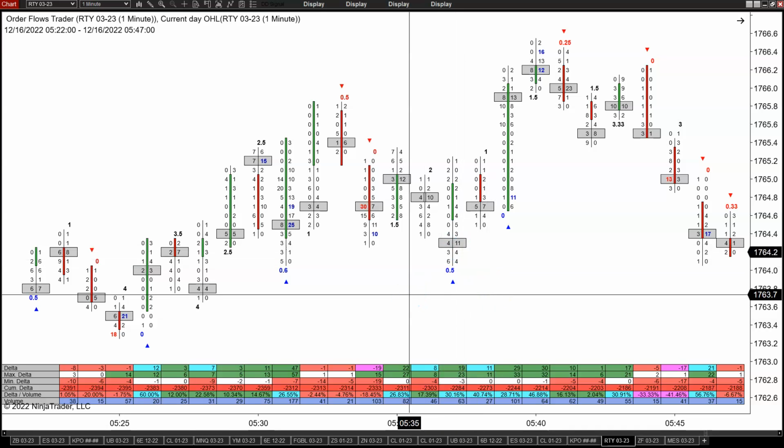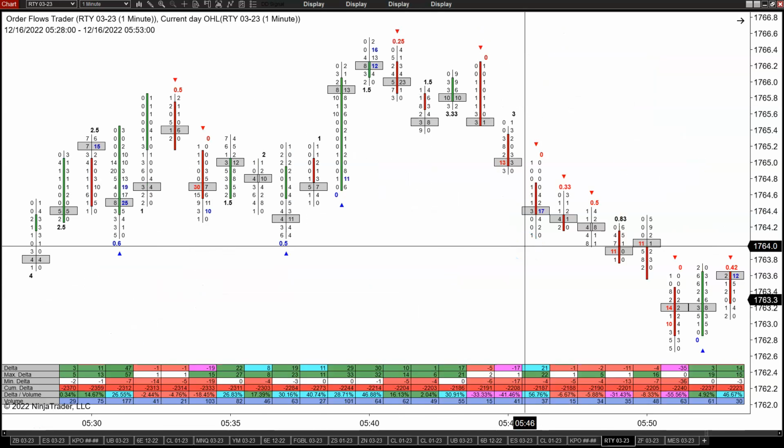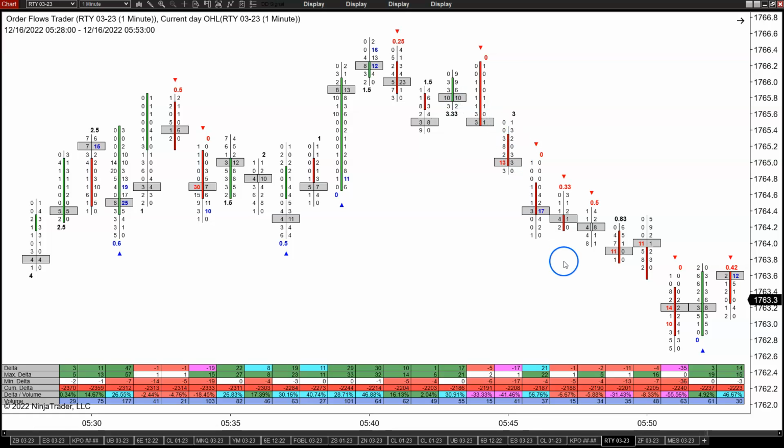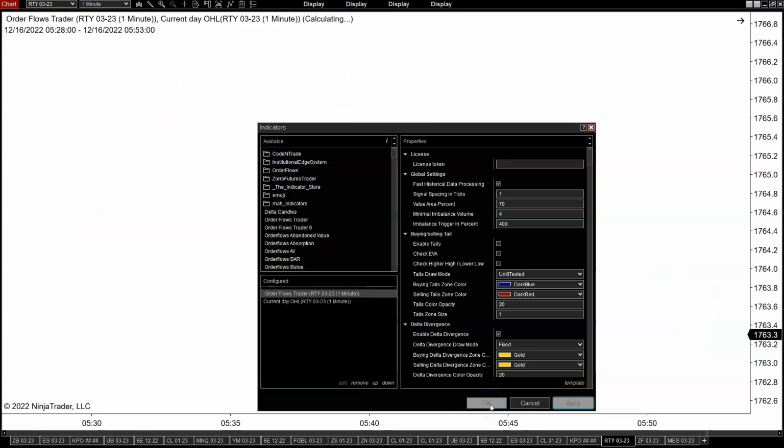You don't want to be looking at a lot of imbalances when it's just a market that's not as liquid. So by setting a minimum volume of 10, in my opinion, it just helps to clean it up and make it more understandable and readable. If I were to change it to a lower number, I'll just show you, change it from 10 to 4, click apply.